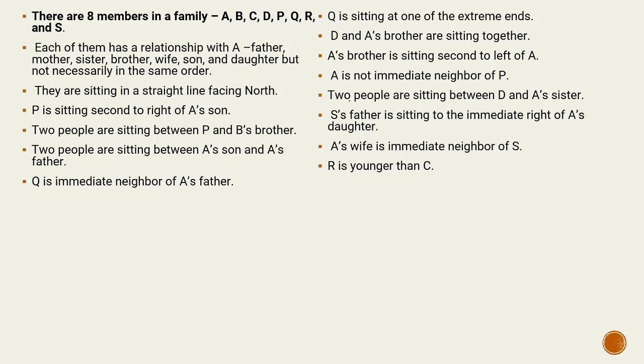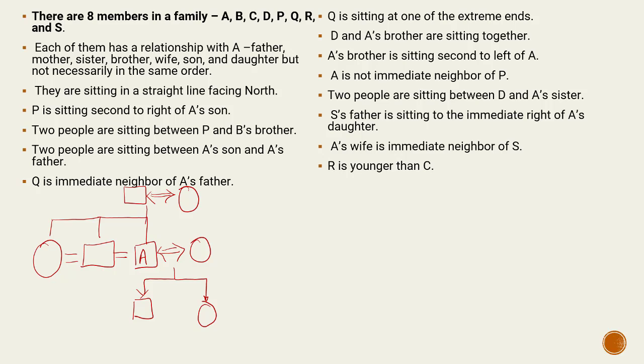So here we will have to make a family tree, and also arrange them in a linear manner. One more deduction can be made: because we are talking about the wife of A, we can surely say that A is a male member. Okay, so this is the family tree vis-a-vis the kind of relationships given in this particular question.